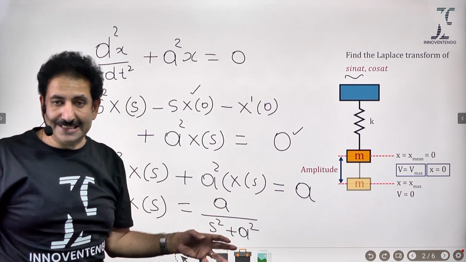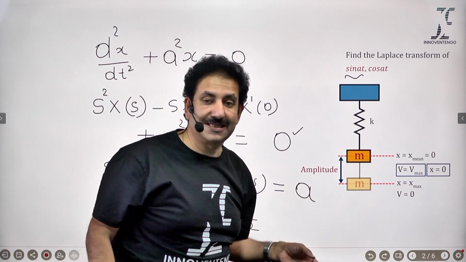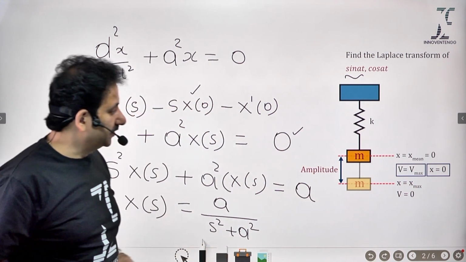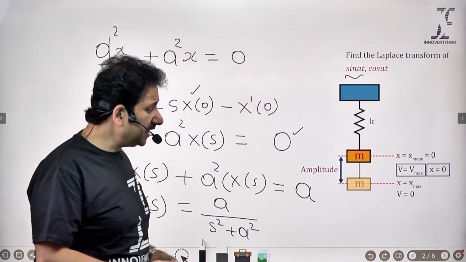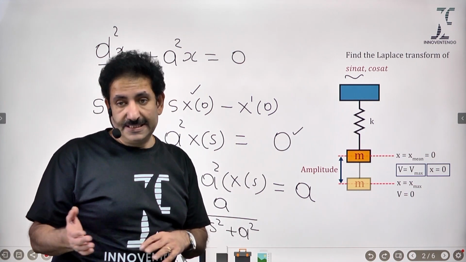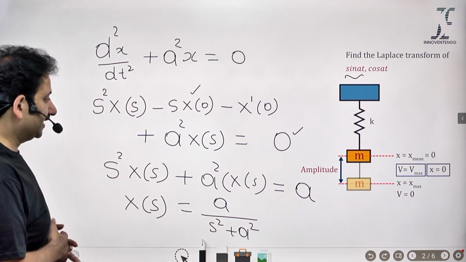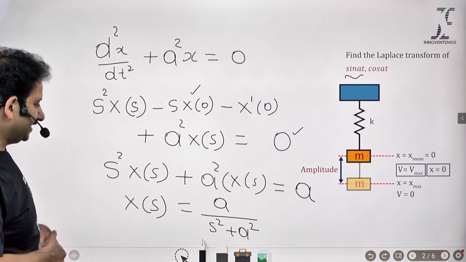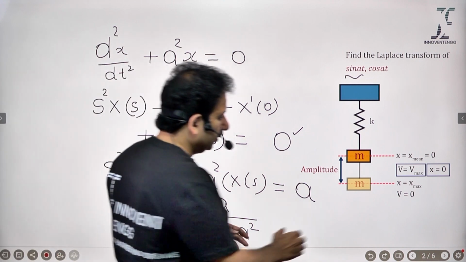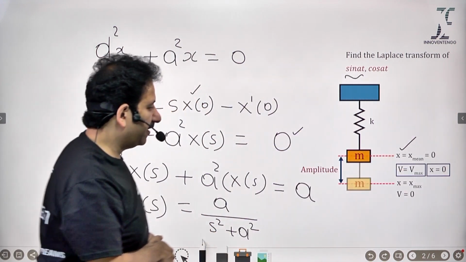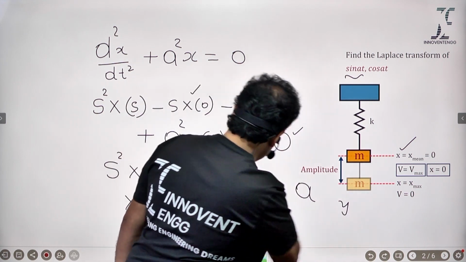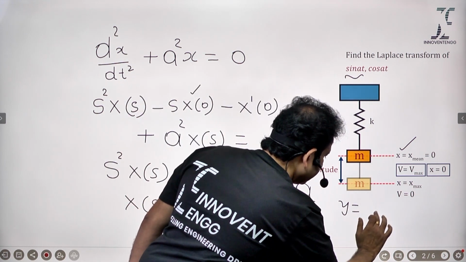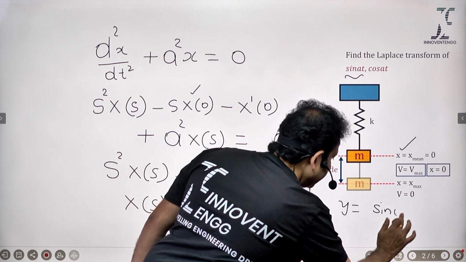If you are an electrical engineer, instead of this you can consider an LC circuit, because L indicates the inductance, which is equivalent to mass, and 1 by C indicates the stiffness, the equivalent term in electrical engineering. And you can clearly see that since we incepted from the mean position, the solution of this particular differential equation is y equal to sine at.